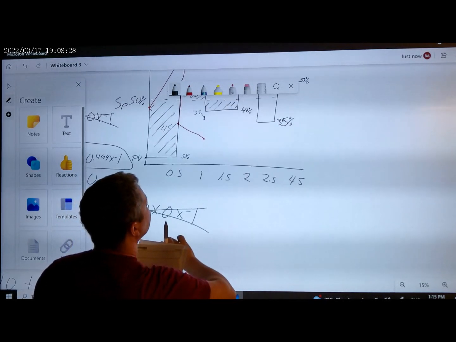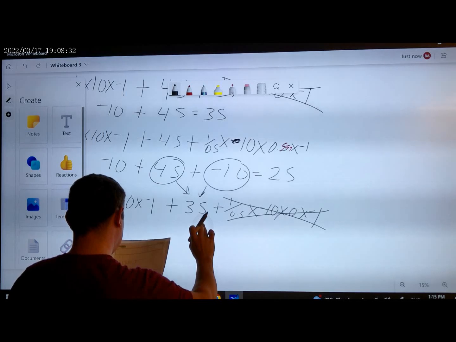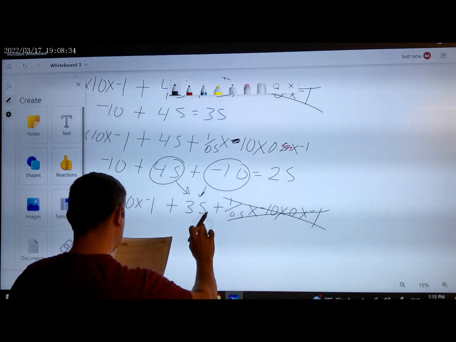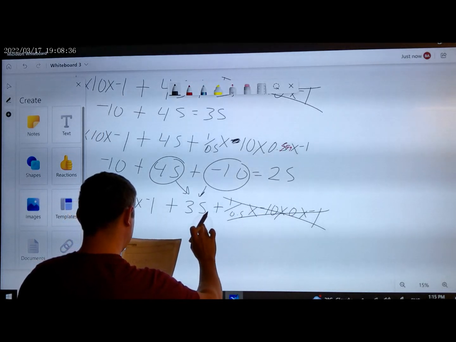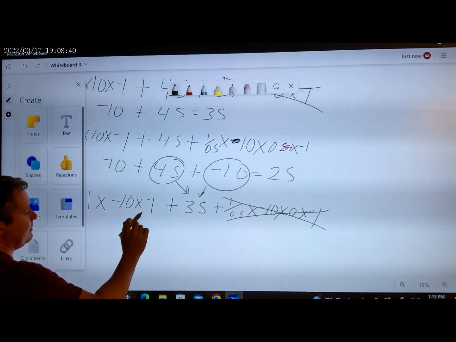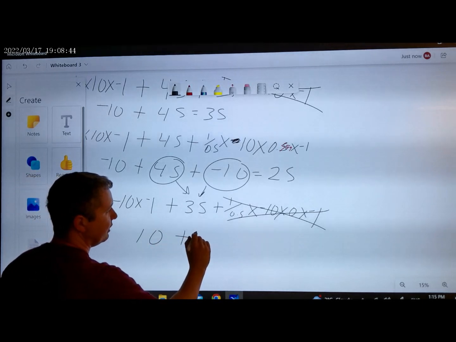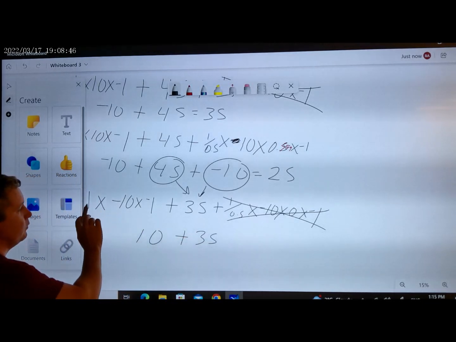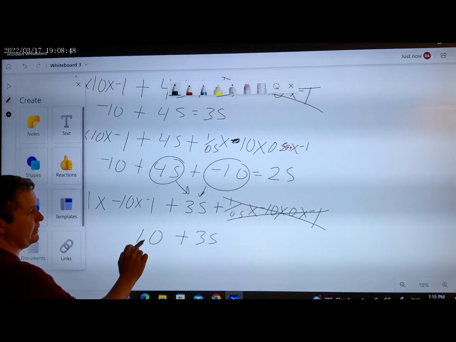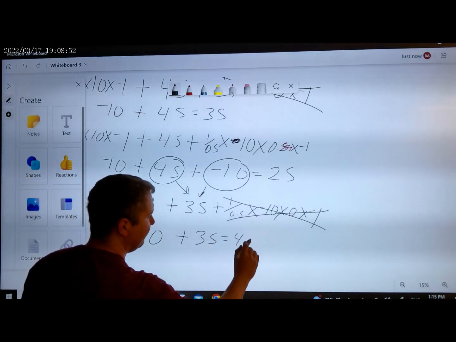Where are we at here? Oh, 1. Okay, sorry. We're at 1. So minus 10 plus 35. Oh, that's why. Minus 10 times minus 1 is going to give us 10 plus our 35, right? 1 times 10 times minus 1 gives us 10 plus our 35 equals 45. Sorry.